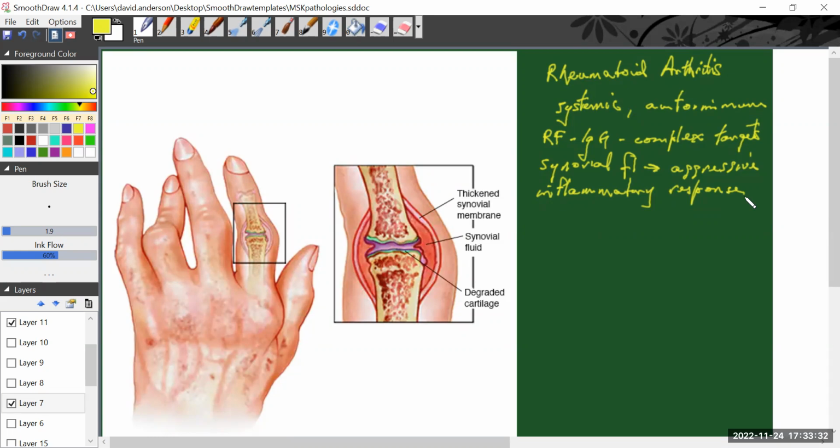And it's going to be prolonged because the antibodies remain, those complexes remain in the circulation. So you get an accumulation of dense aggregates and immune cells at the site of the inflammation.